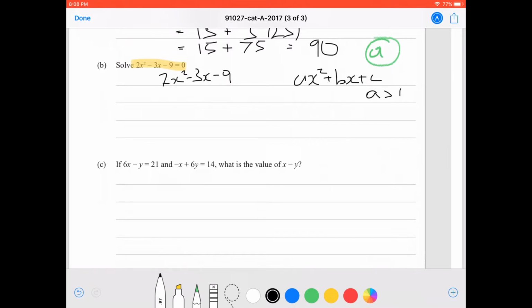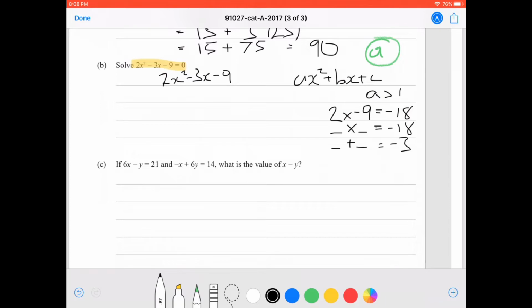Meaning, to solve this quadratic, we first go a times c, so 2 times negative 9, and that equals negative 18. Okay, and so we're looking for two numbers that multiply to negative 18, and two numbers that add to the b term, which is negative 3. And those two numbers are minus 6 and positive 3.